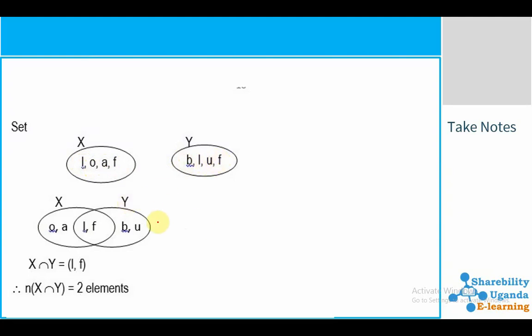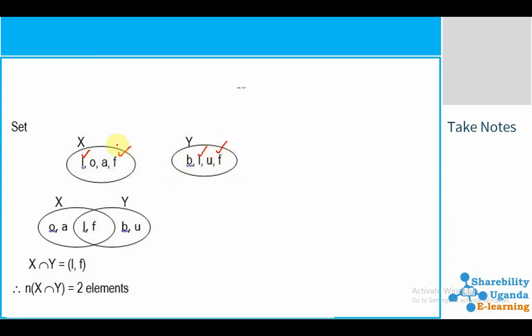Then in representing this, as we have learned, we look out for the members who are common. We have L here and L here. We have O. Do we have O here? No. We have A. Do you have A here? No. We have F. Do you have F here? The answer is yes. So we also take it.